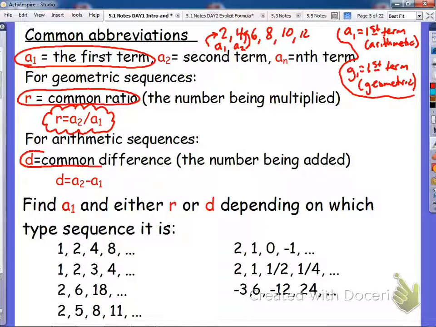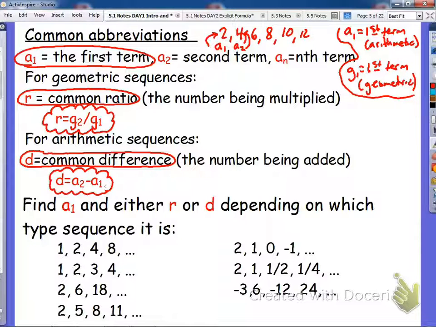Also, we're going to talk about the common difference for arithmetic sequences. And I want you to bubble in this formula, D equals A subscript 2 minus A subscript 1. By the way, technically, I would think of the ratio as being G subscript 2 divided by G subscript 1. That's for geometric sequences, and this down here is for arithmetic sequences.